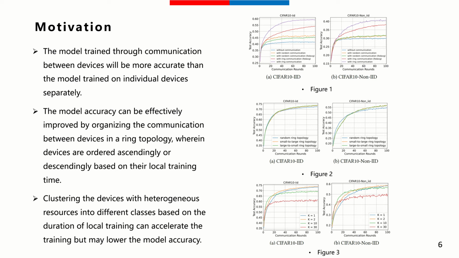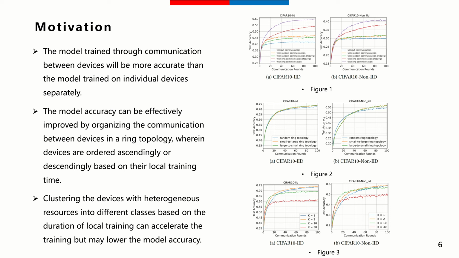In the second experiment, we observed that in a ring topology, the model accuracy can be effectively improved by organizing the communication between devices in a ring topology, wherein devices are ordered ascendingly or descendingly based on their local training time.